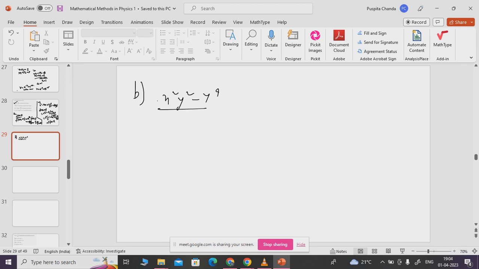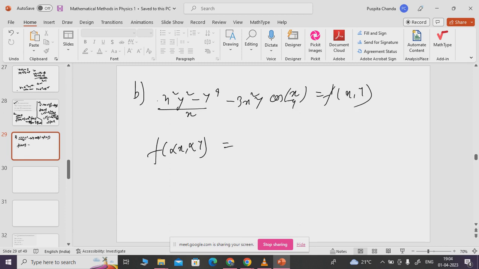Then the second one is b: x square y square minus y to the power 4 by x minus 3x square y cos of x by y. This is a function of xy.